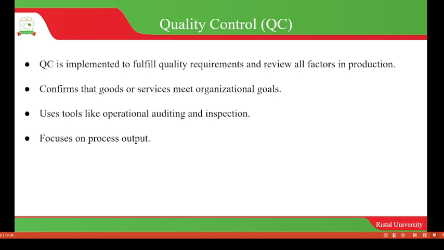And the quality control also uses tools like operational auditing and inspection. By this we mean there is always a systematic review of efficiency, effectiveness, and economy of the operation.